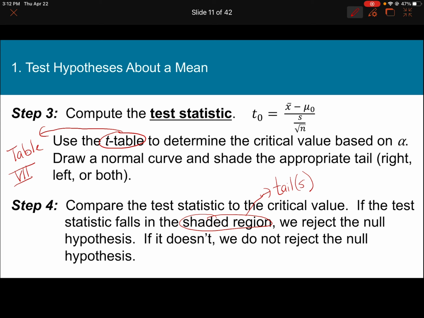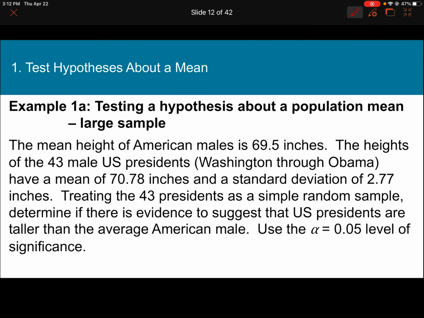That brings us to example 1. So I'll give you a little bit to read through the problem. Now notice here a couple of things. We have 43 presidents that we're going to look at their heights.